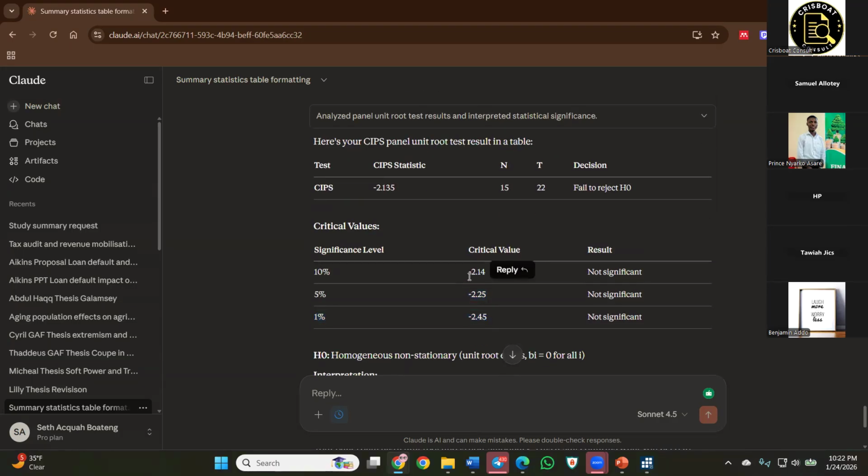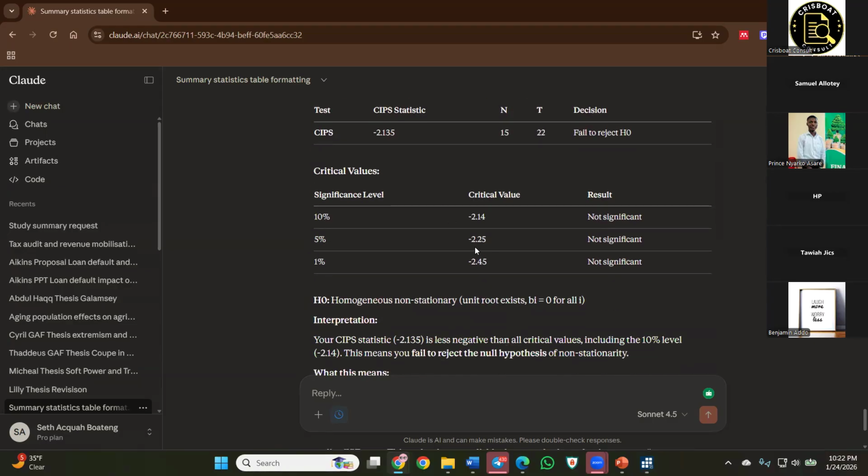So you can present it like this. You check whether the SIPS statistic is less or greater than the critical value at 1%, 5%, and 10%. Mostly we use the absolute of the SIPS, which is 2.135. And then the null hypothesis is homogeneous non-stationary.